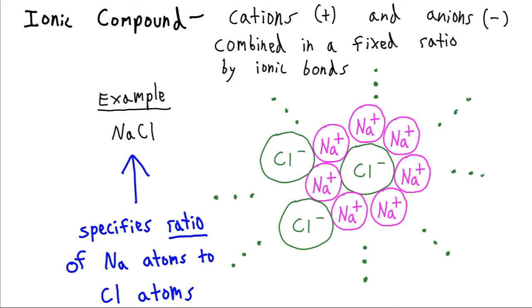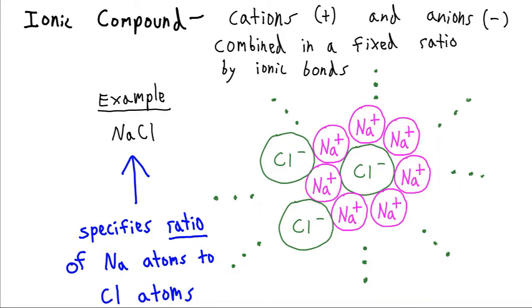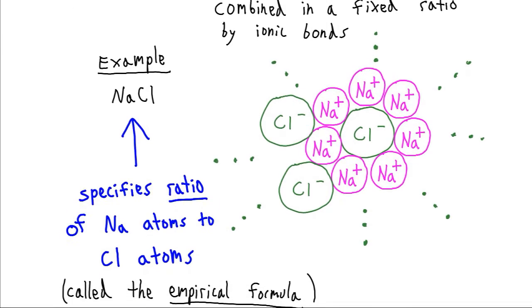And so we have a 1-to-1 ratio between chlorines and sodiums. And so that's what this formula tells us. It tells us the ratio of atoms. And if we had twice as many chlorines, then this would be NaCl2 instead of NaCl. Now, when we have a formula that just tells us the quantities, that formula is called an empirical formula.